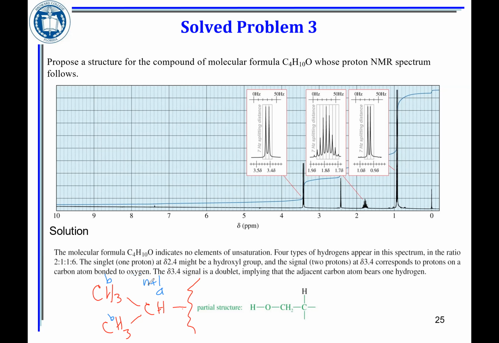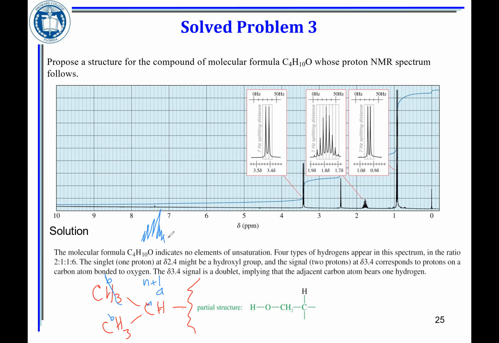N is the number of hydrogens on adjacent carbons. This carbon has 2 adjacent CH3 groups, and you add them together, which gives you 6. 6 plus 1 is 7, so it's going to be a septet: 1, 2, 3, 4, 5, 6, and 7.